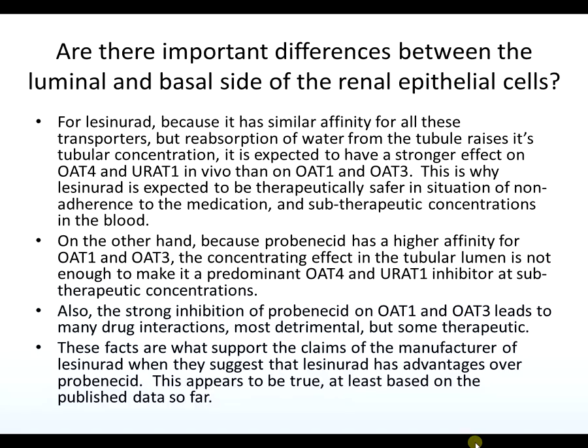And when we give a higher dose of Probenecid than Lesinurad, that results in a lot of inhibition of OAT1 and OAT3, and that means drug interactions. That means any drug that's transported by OAT1 or OAT3 can have impaired elimination when we give Probenecid.